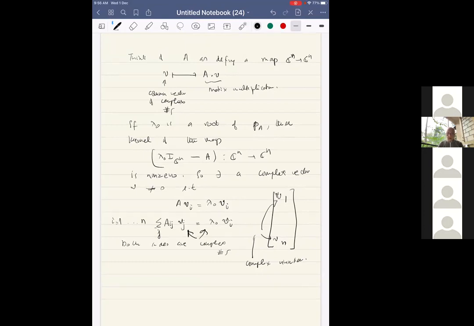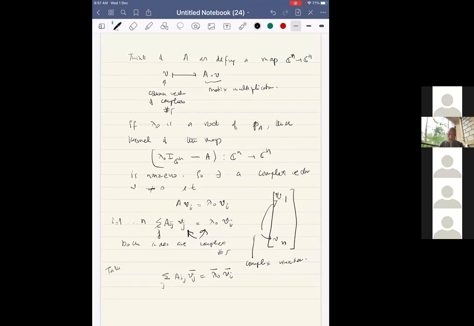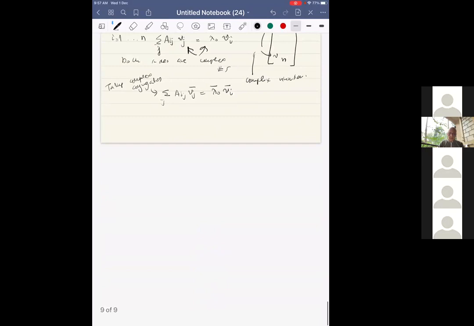Now let's take the complex conjugate of both sides. The conjugate of a sum of complex numbers is the sum of the conjugates, and the A_ij's are real numbers, so their conjugates are the same. So you get lambda 0 bar times v_i bar.